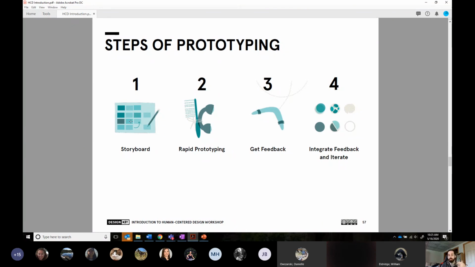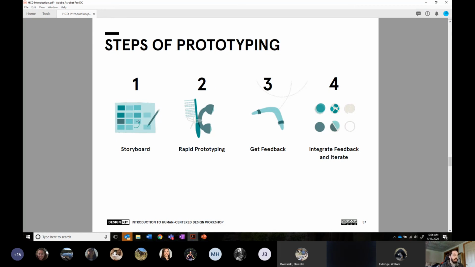Is this a small part of their job or a big part of their job? Just imagine an actual individual and carry them through this process. That's what storyboarding is. So it's process mapping, but instead of focusing on the 80% and excluding the 20%, we're just like, take this individual through, what is their experience like, and how can we make sure it's optimal? And then you're going to rapidly prototype that.